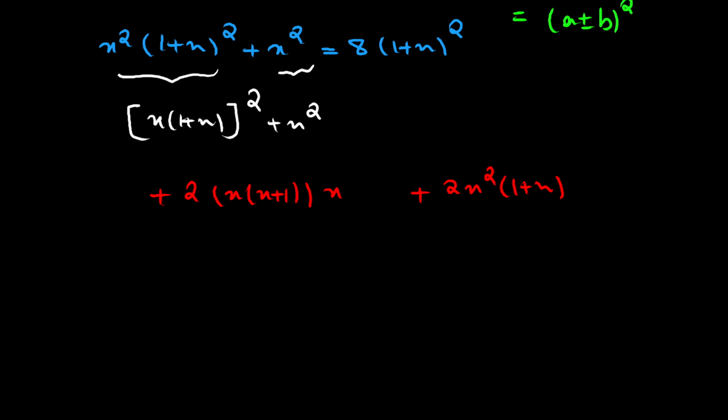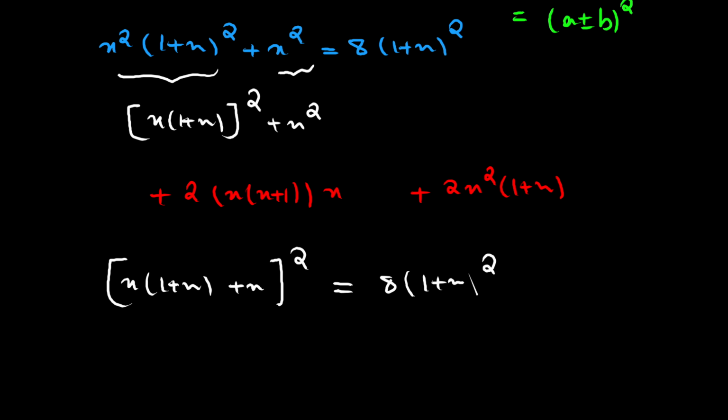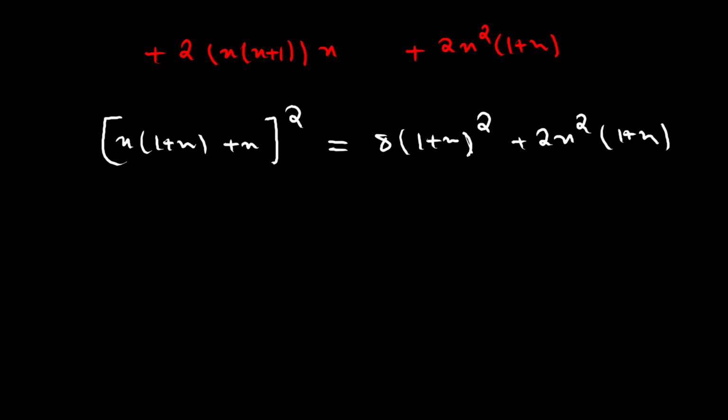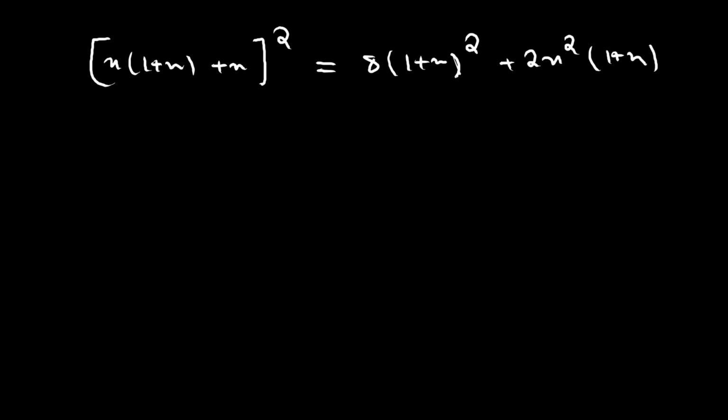So the left-hand side is going to be x times (1 plus x), and then everything squared. And the right-hand side is going to be 8 times (1 plus x) all squared, plus 2 times x squared times (1 plus x). So notice that we have 1 plus x and this 2 as the common factor.